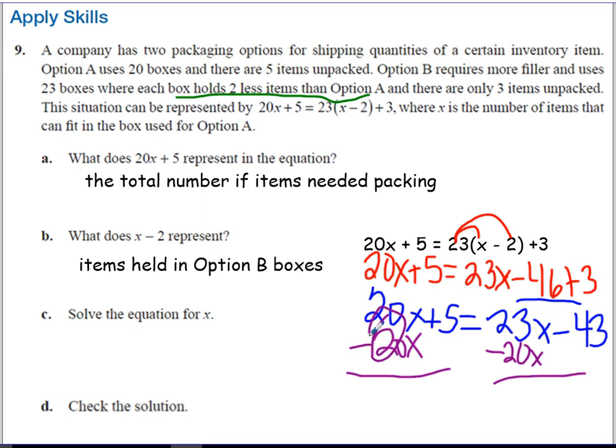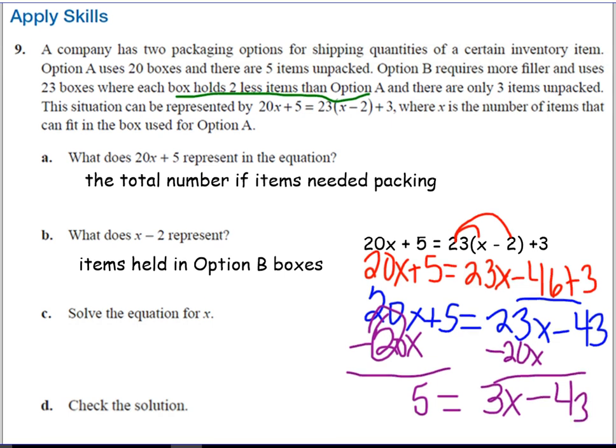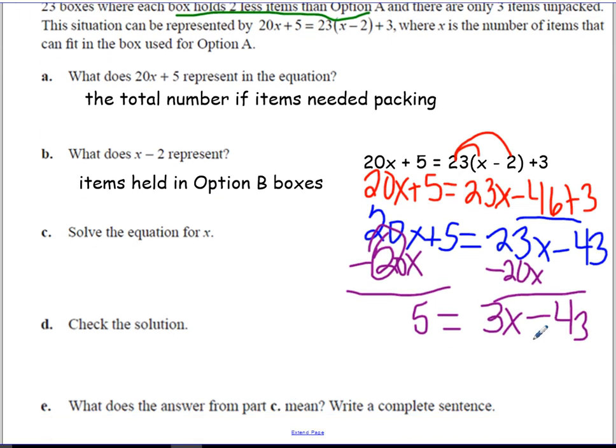And so we get that zeroing out on the left-hand side, and we're left with 5. And 23 minus 20 leaves us 3x. And we'll bring down our minus 43. So then our next step is to get the 43 gone. And so we'll add 43 to both sides.